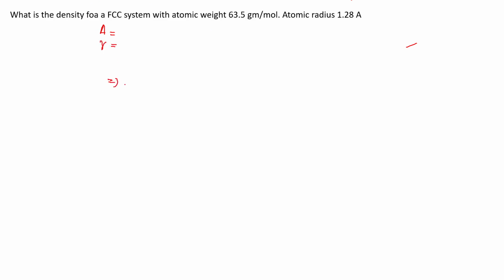Okay, now we know the formula. You know the formula of density already, it will be N A divided by V Na, where Na is the Avogadro number.